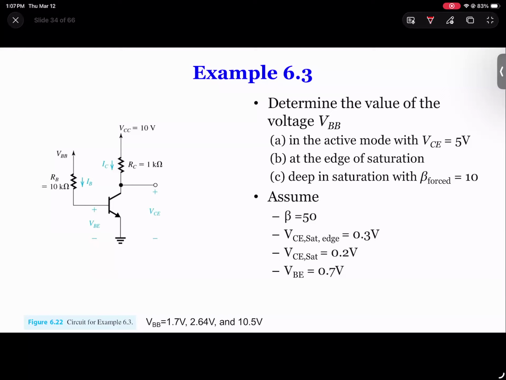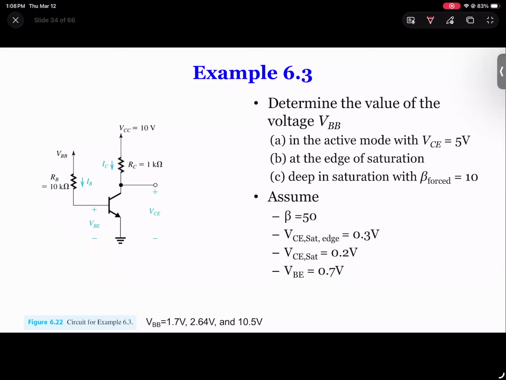This one tells you they want us to find VBB in the active mode. So A is in active mode, VC is 5 volts. And you can see the numbers already defined. The VC is here, VB is here, and VBB over there, the resistance given, and IC flows through RC and IB through RB.